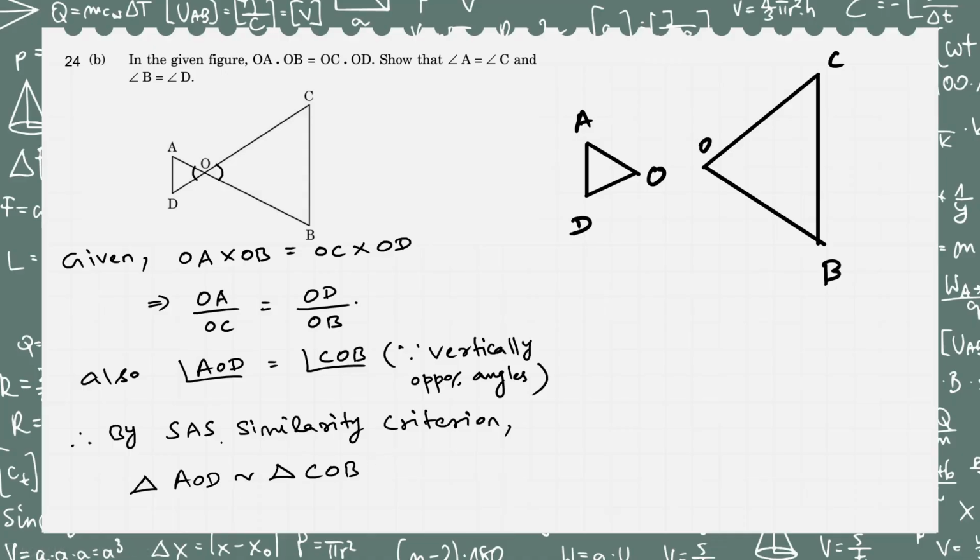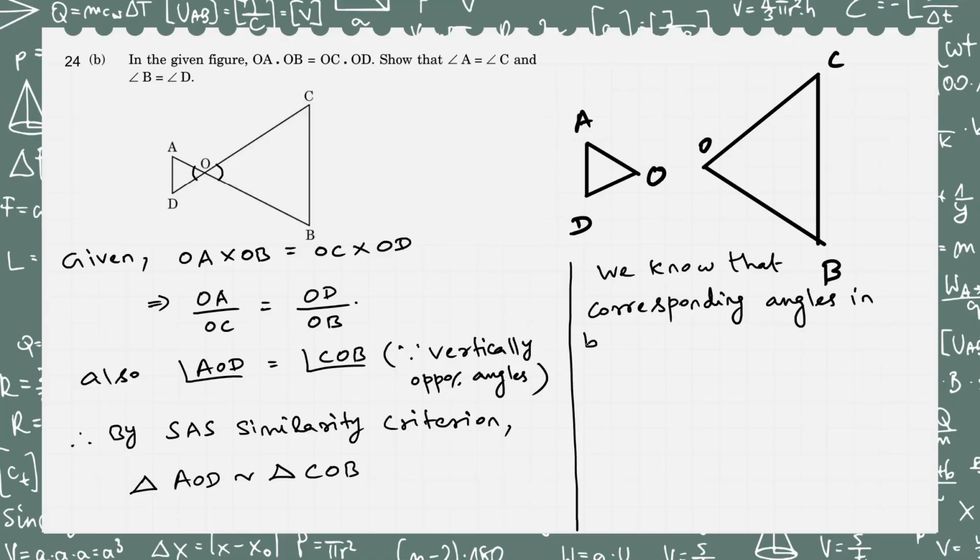Okay. Now, because of this similarity, the corresponding angles will be equal, right? So, that aspect we can use here. We know that corresponding angles in both triangles are equal.